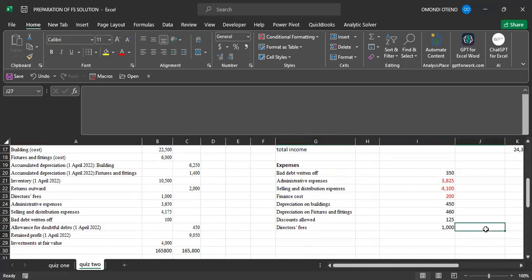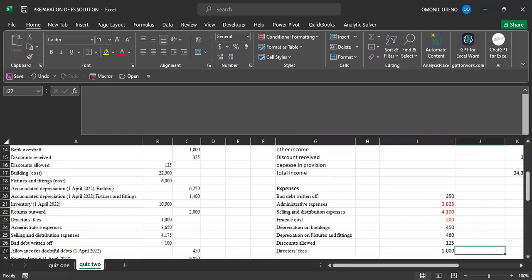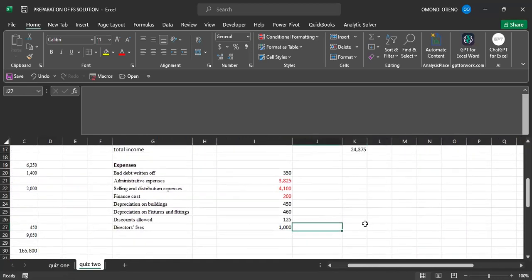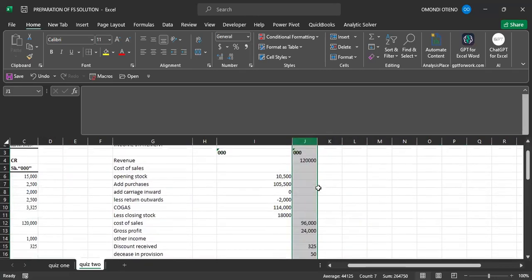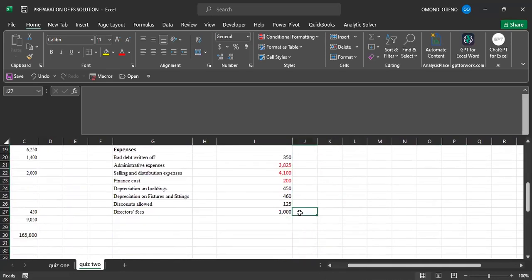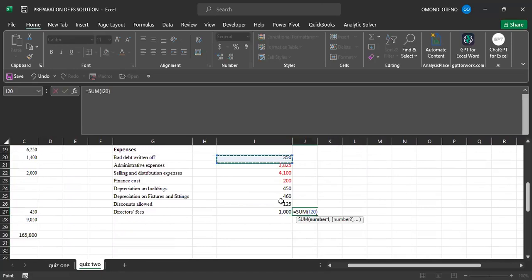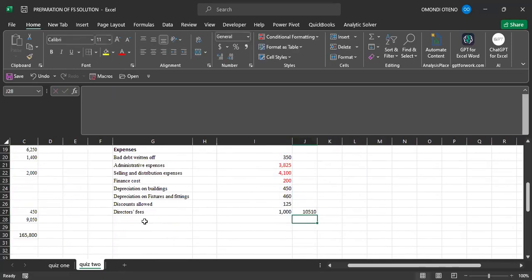So let's get summation of all the expenses. So we come here and add all these expenses here. It will give us 10,510.